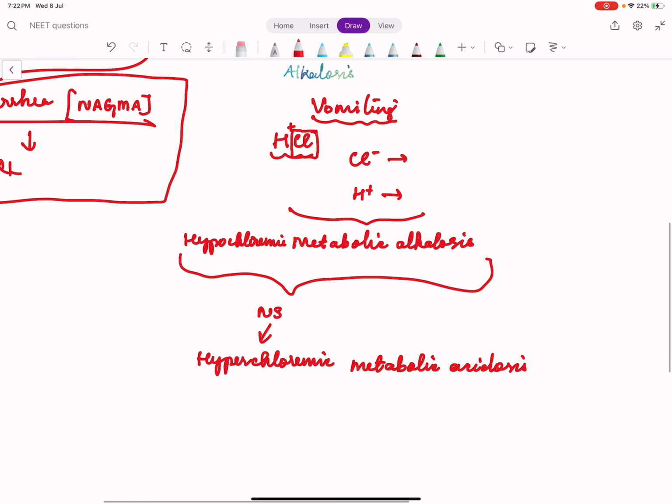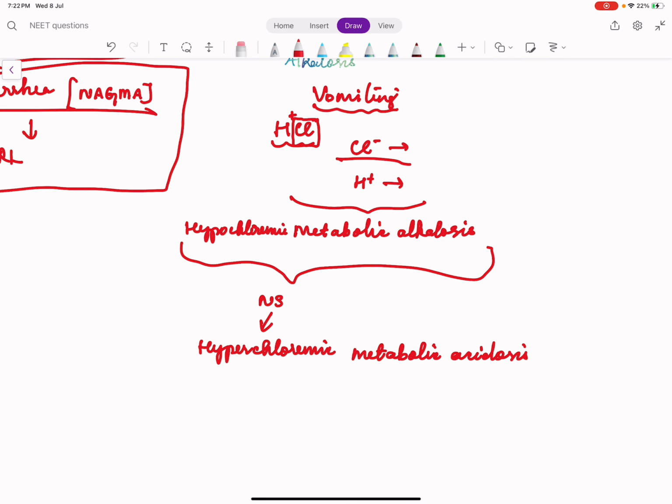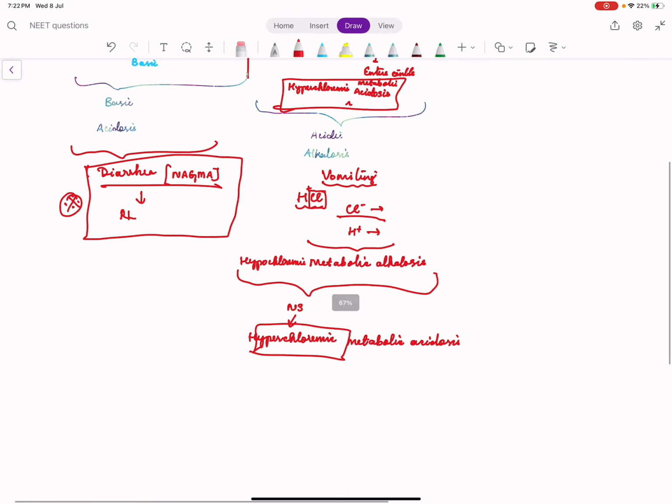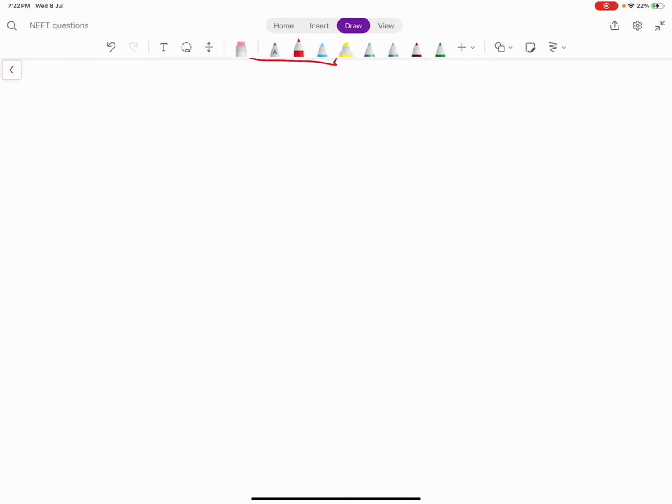So in simple terms, in vomiting, H+ is lost, chloride is lost. Normal saline gives chloride, and when more amount of chloride is there, bicarbonate also enters the cell, so acid is regenerated, right?